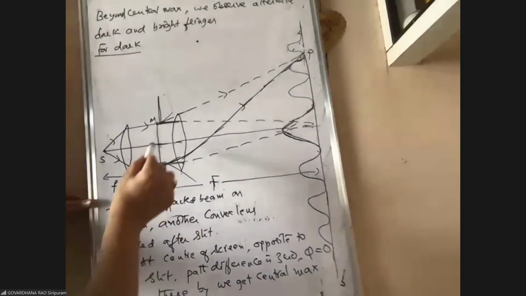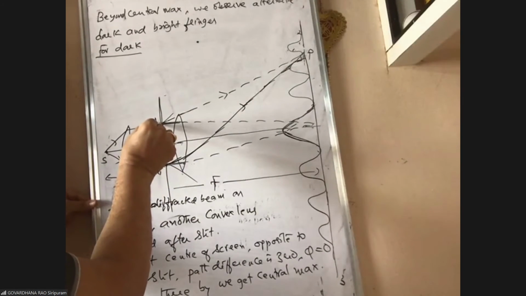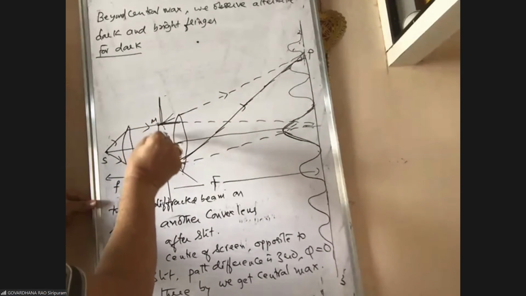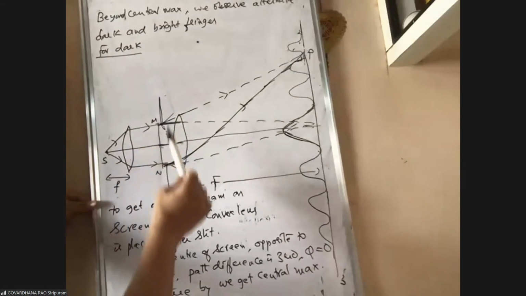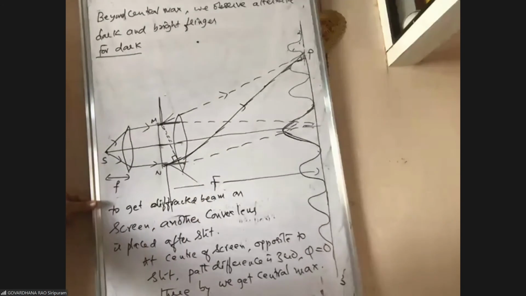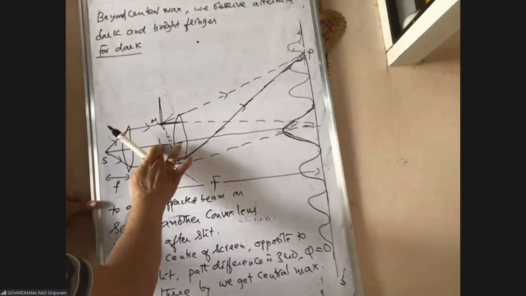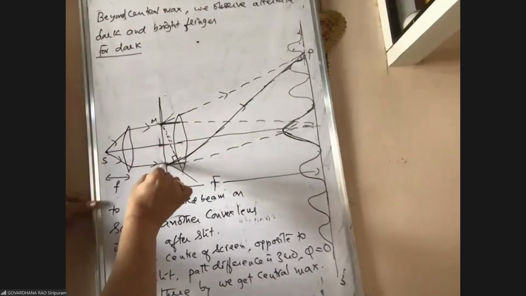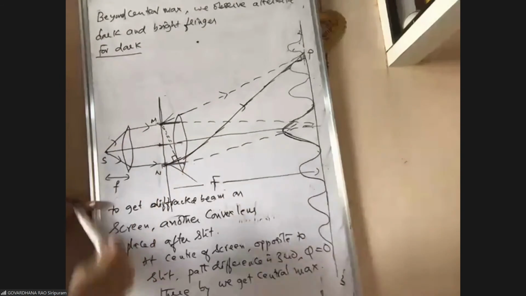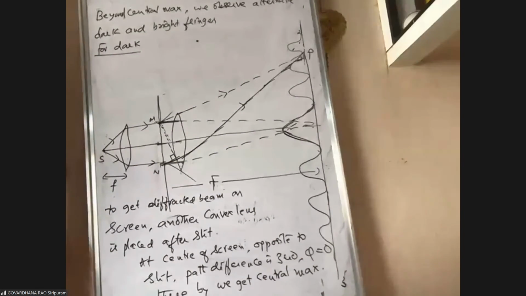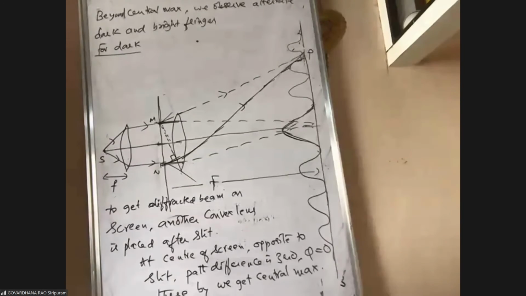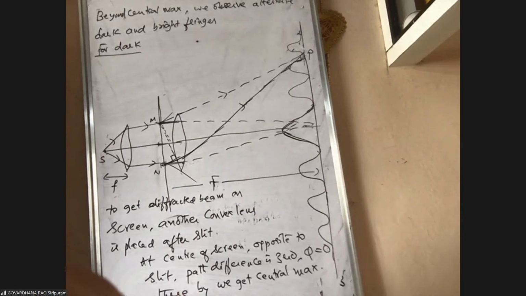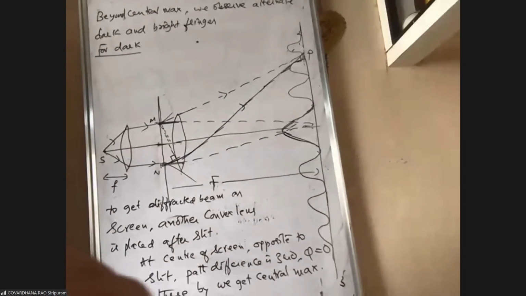You draw a straight line like this, which makes 90 degrees on this. And what is this? Wavefront. What wavefront? Planar.